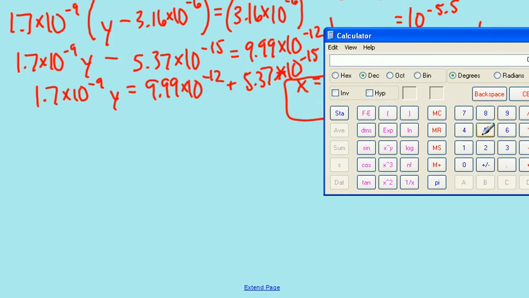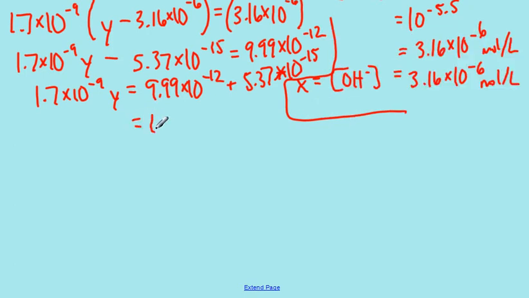Once I add those numbers, I almost get the same answer, 9.99 times 10 to the minus 12, but it actually does round to 1.00 times 10 to the minus 11. So y is equal to that number divided by 1.7 times 10 to the minus 9.